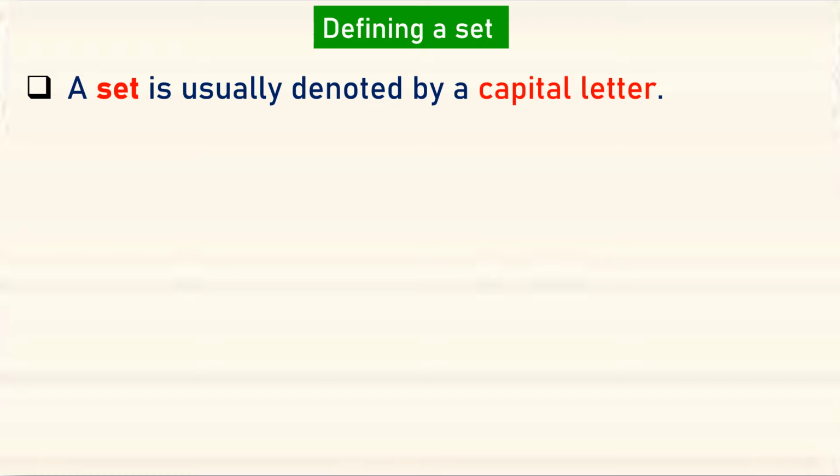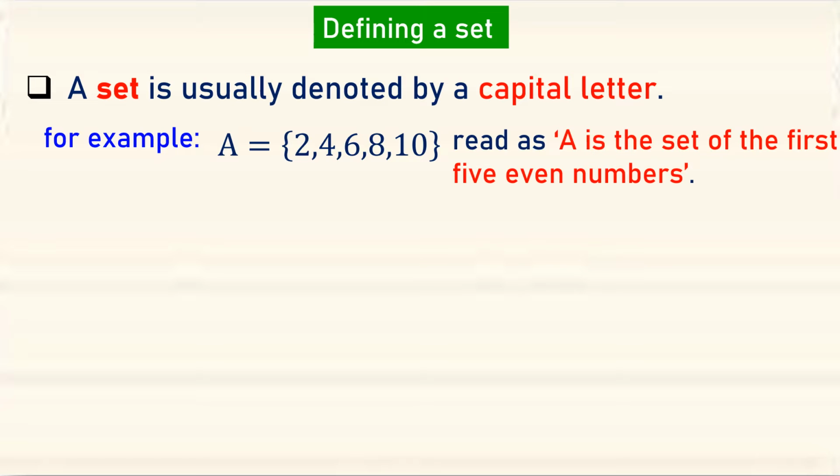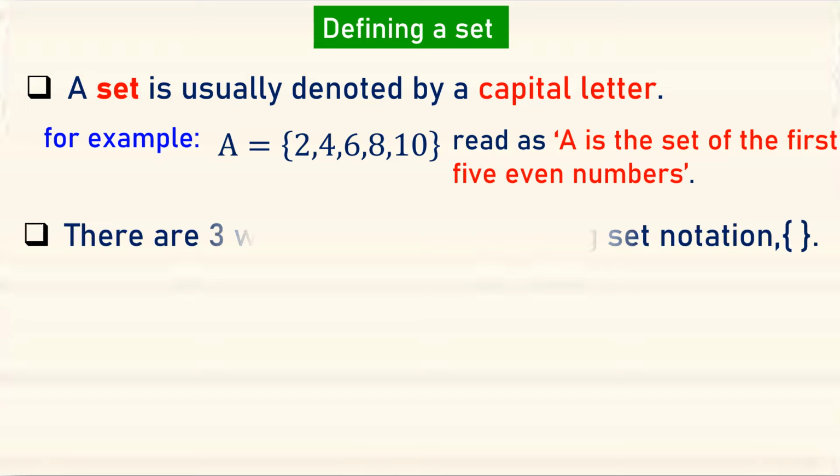A set is usually denoted by a capital letter. For example, A = {2, 4, 6, 8, 10}. It is read as A is the set of the first 5 even numbers. There are 3 ways to define a set using a set notation.